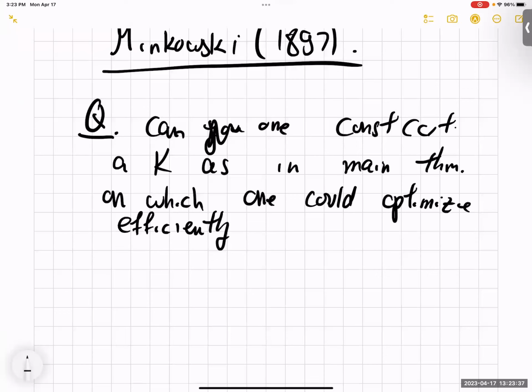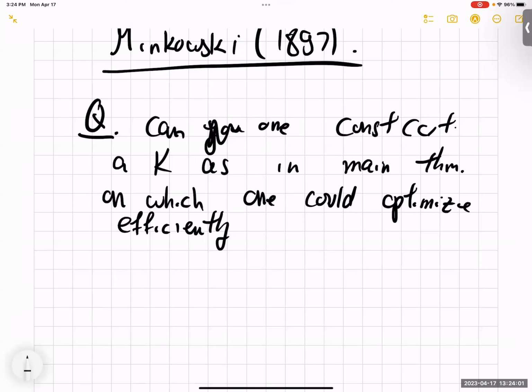By that I mean it's an algorithmic task. The input is a linear functional, and you want to evaluate its maximum. That would probably be useful, but again, details have to be worked out. The proof that I'm going to show doesn't even come close to producing such a concrete, nice body.